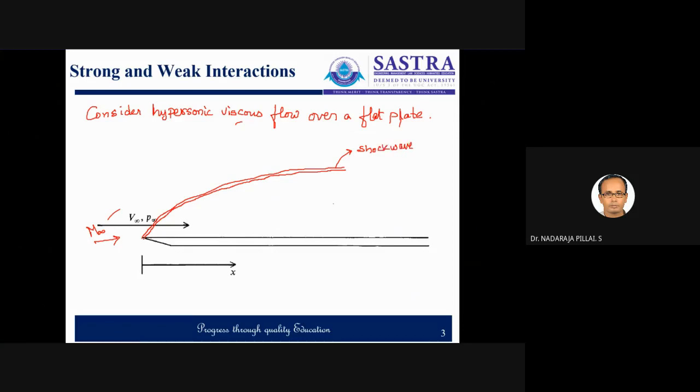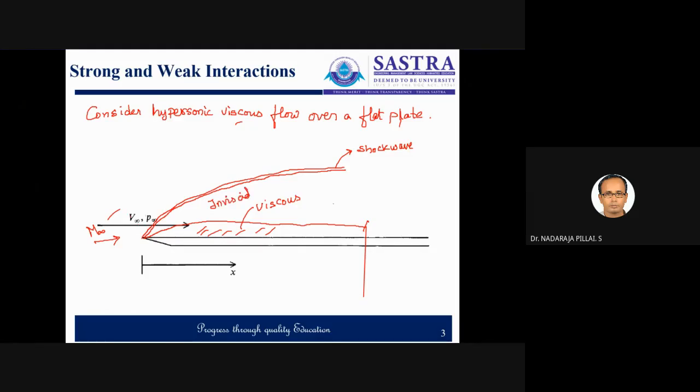And there is a formation of boundary layer. The boundary layer develops like this, and it may become constant to a certain extent. This region is affected by the viscous nature and hence it is called the viscous region, and the outside is the inviscid region.